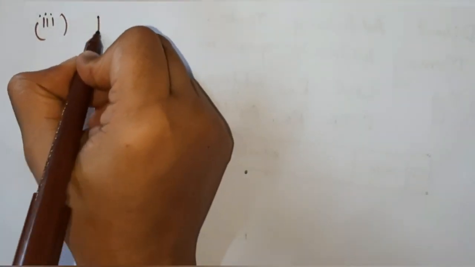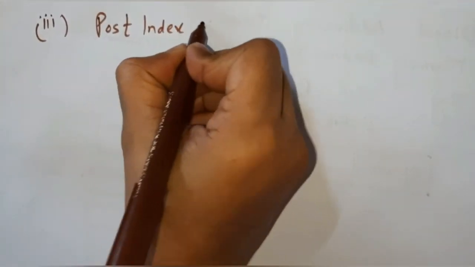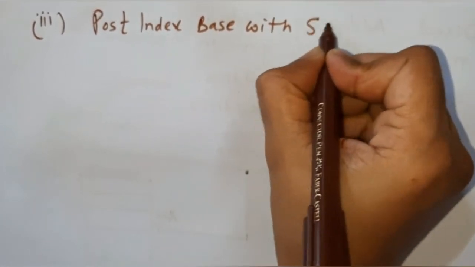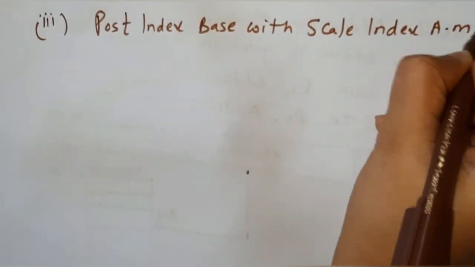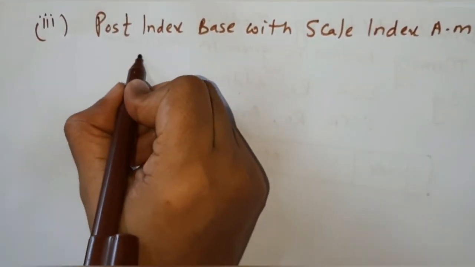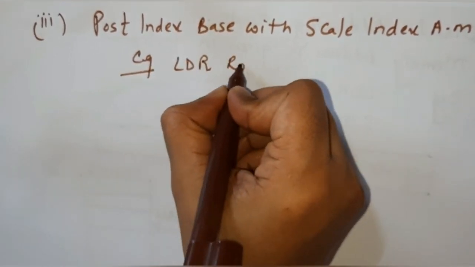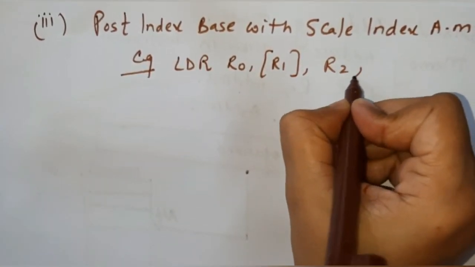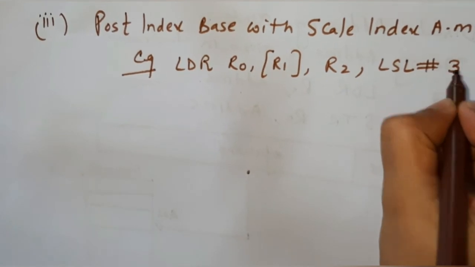Third part is post index base with scale index addressing mode. So again, example, LDR R0, [R1], R2, LSL #3.